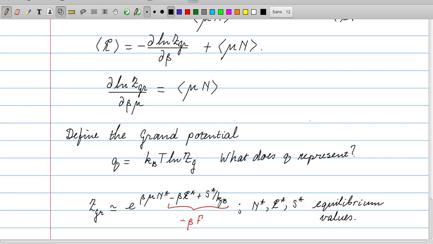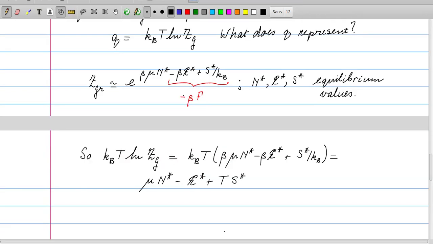And so if we take the kT times the logarithm of this expression, we obtain a simple thermodynamic expression. So here we have done that, taken the logarithm of Zg and multiplied it by kBT in order to find Q, and the result is, if we include the kBT, which cancels the two betas here, mu times N star minus E star plus TS star, where N star, E star and S star are just the equilibrium values of those quantities.